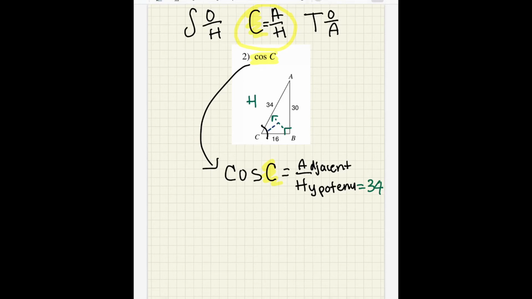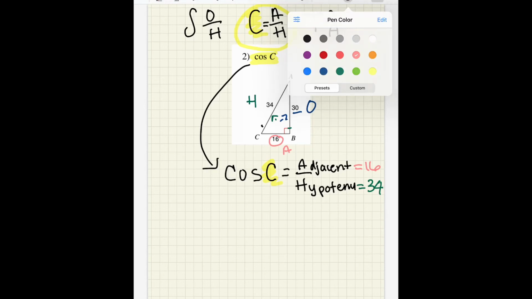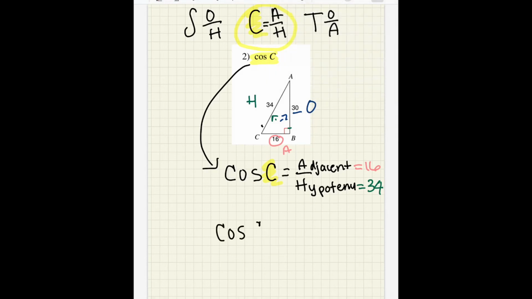The side opposite is 30. We don't really need to know that, but I'm just labeling them all just to label them. The one that we do need to know, though, is the adjacent. And the adjacent, based on this picture, is your 16. So the answer to this ratio, the cosine of C, well, that's just 16 over 34.